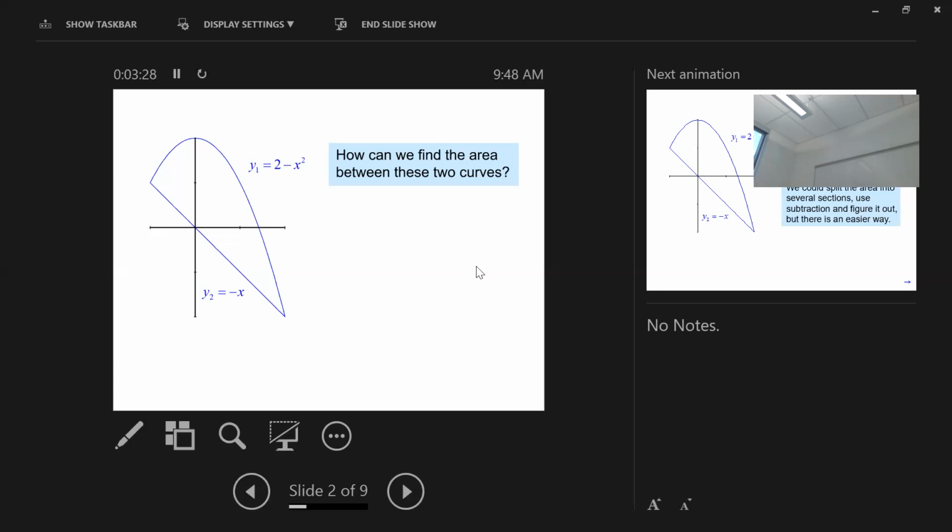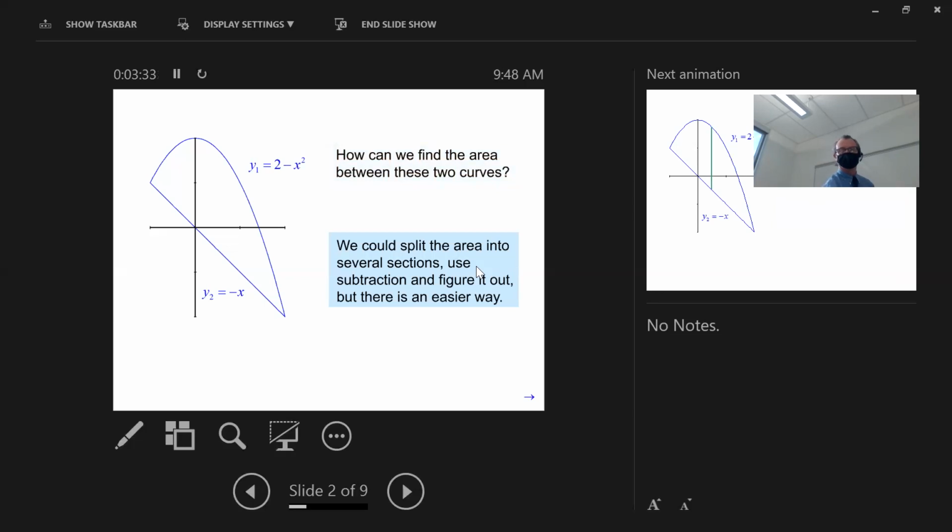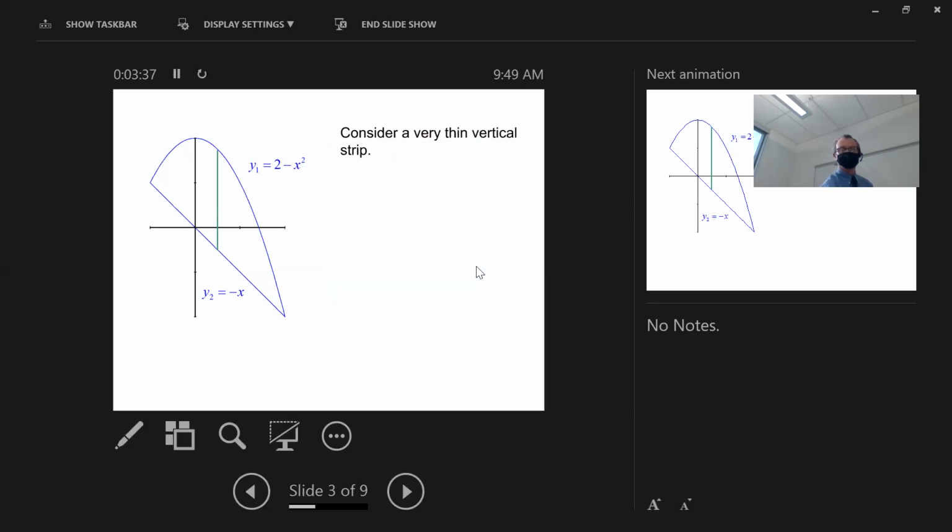So, moving forward, there is your visual representation of dx. It's a very thin vertical strip. And what are we going to do?